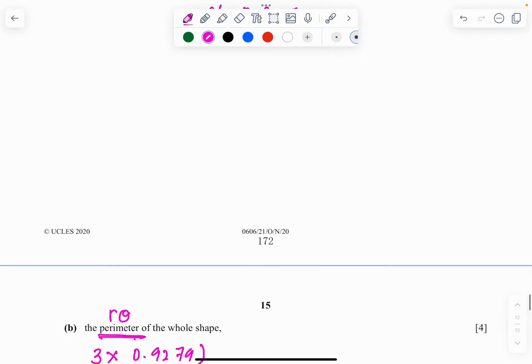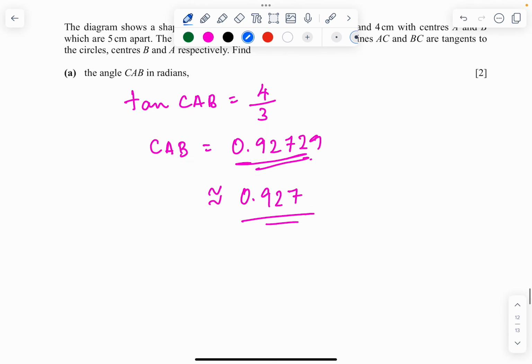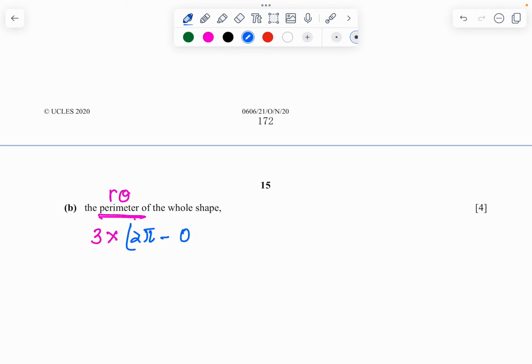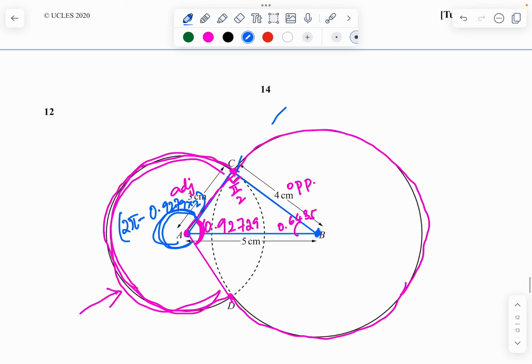So 0.9279 is the minor sector, but we want the major sector here. You can see this part, right? So this is going to be 2 pi minus 0.9279 times 2, right? So I'm going to write that same thing here: 2 pi minus 0.92729 times 2, plus, let us find out the bigger circle, the bigger one.